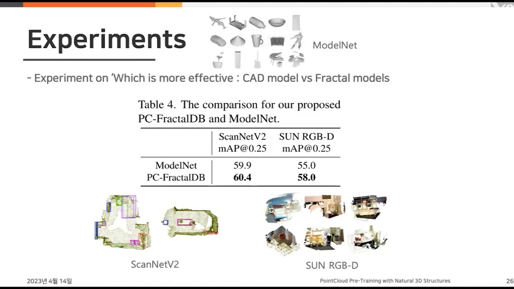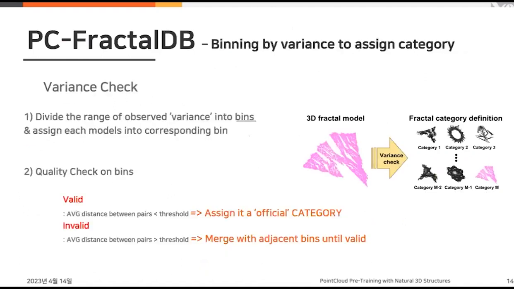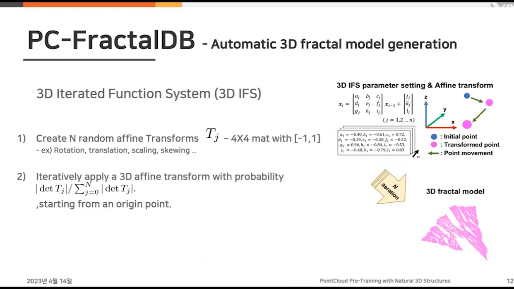Yes, that's right. Okay, and then you first come up with the affine transformation and then sample it with different probability with the equation that is given there. And then how is it related to a fractal? So you have this affine transformation, and then how do you convert it into a 3D fractal model? So there is the origin point, and you apply affine transform TJ, and then there are transformed points by TJ.